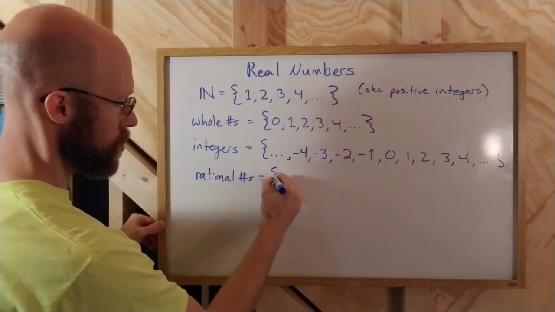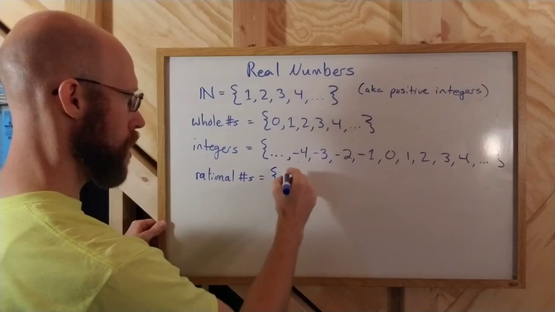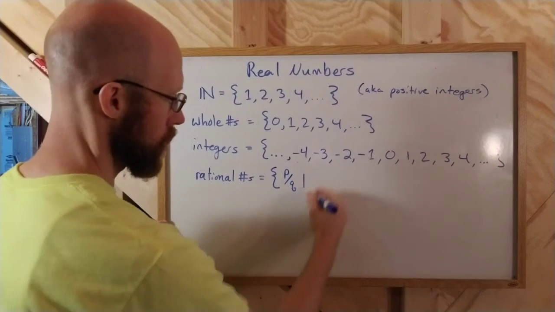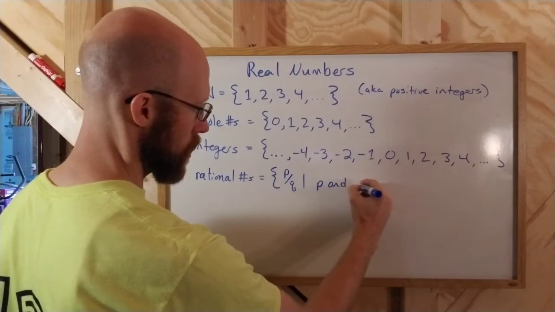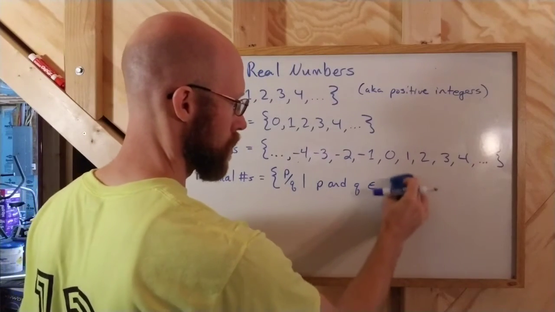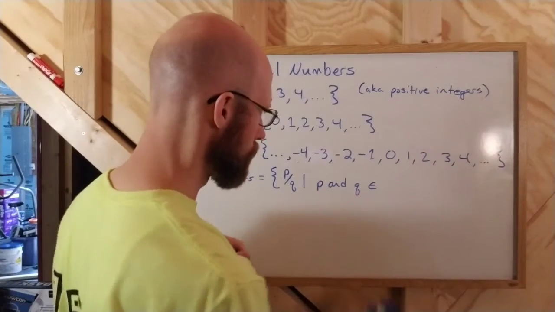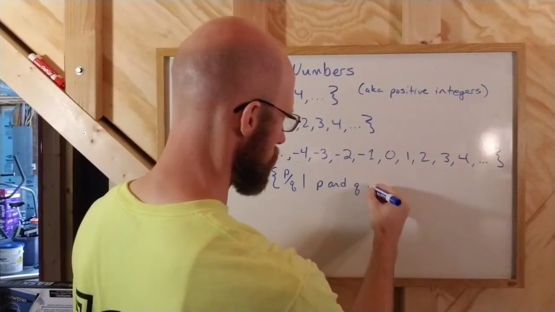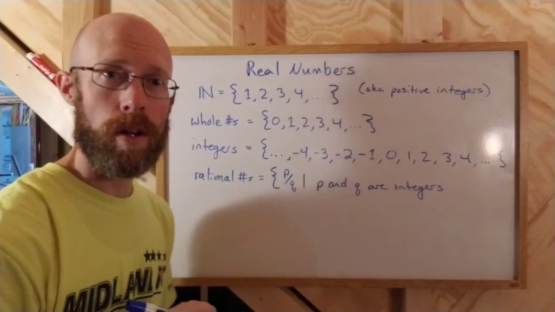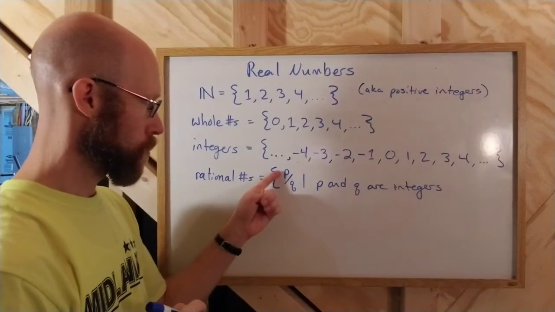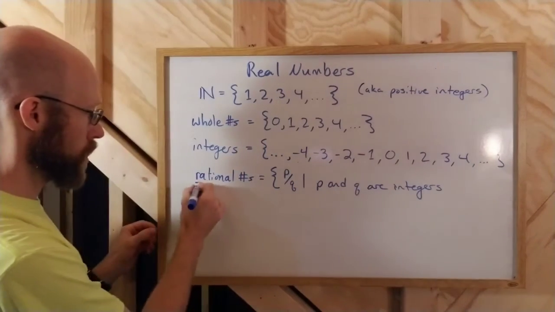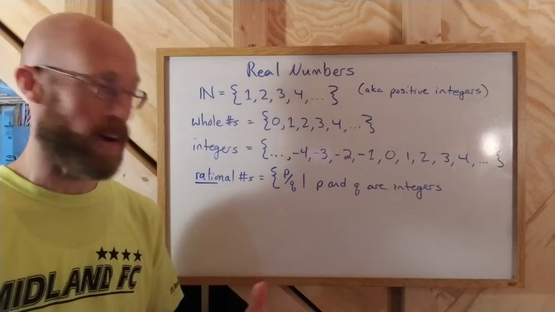The rational numbers are essentially all values that look like P over Q, such that P and Q are integers. And there's one other little tidbit here. So P over Q creates a rational number. That's a fraction, right? Ratio, rational, ratio is fraction.